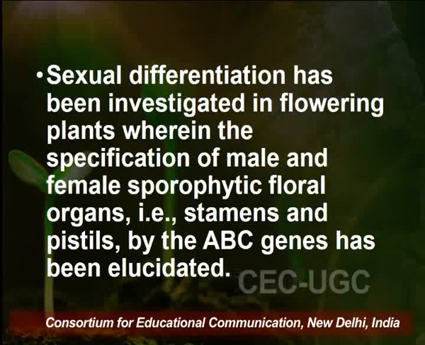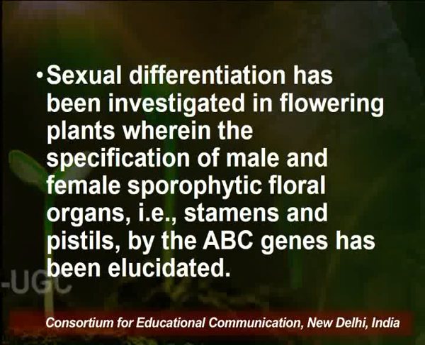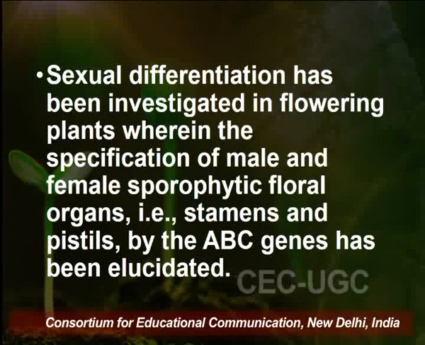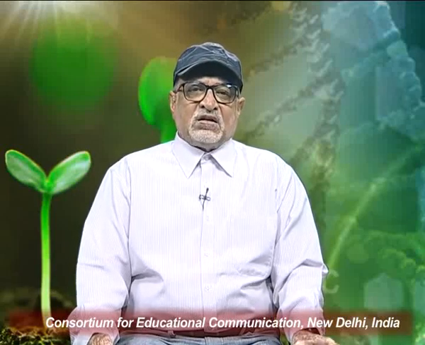Viewers, we will have an opportunity to talk about the ABC model of floral development and sexual control in one of our subsequent lectures. So one plausible hypothesis that we can carry is that the sexual differentiation of the sporophyte is imposed upon the retained gametophytes which are developing within the sporophytic tissues.